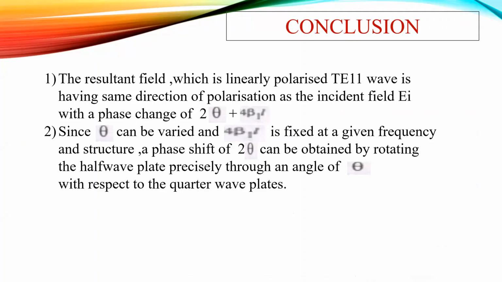The TE11 wave will have the same direction, but with a phase shift of 2 theta plus 4 beta1 L. This theta can be varied, but 4 beta1 L is fixed at a given frequency and structure. If you want a phase shift of 2 theta, we have to rotate the half wave plate precisely through an angle of theta with respect to the quarter wave plate.